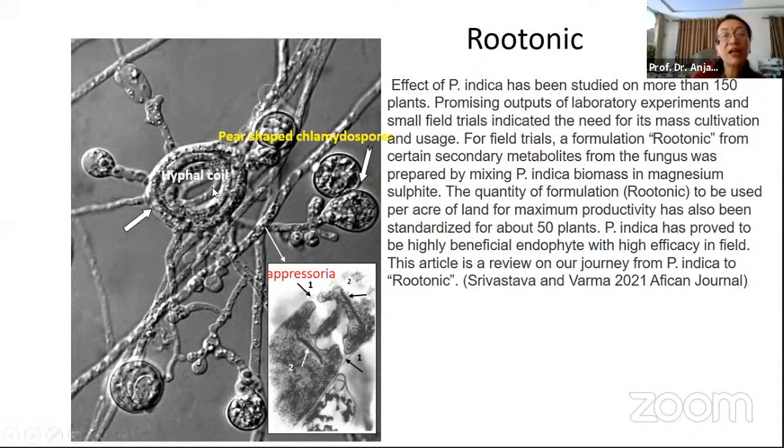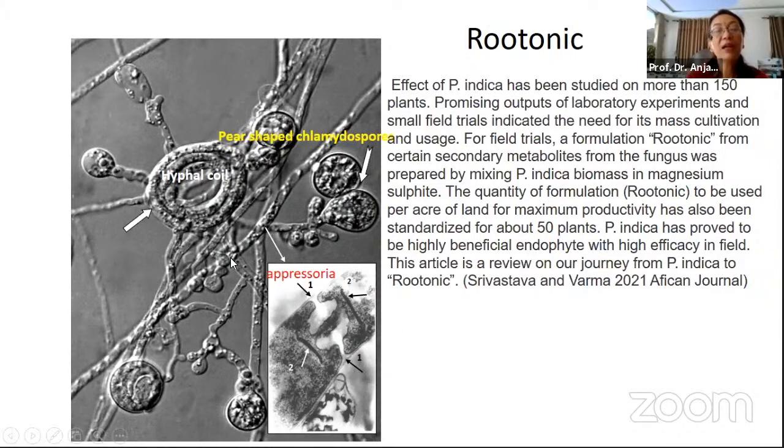And here to the left, I'm showing an electron microscopy image of Piriformospora indica. Since it is pear-shaped, it is known as Piriformospora indica, because it was found in India. And the hyphal coil is often seen. See how nicely the coiled hyphae can be seen. And there are chlamydospores, these are the chlamydospores obviously.